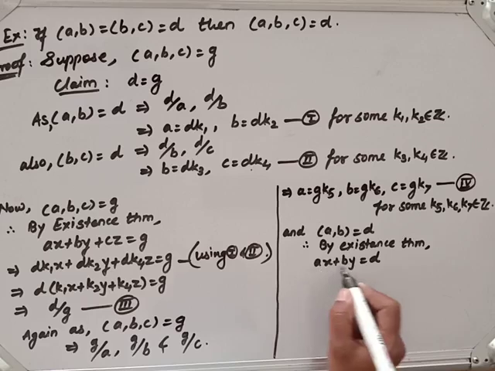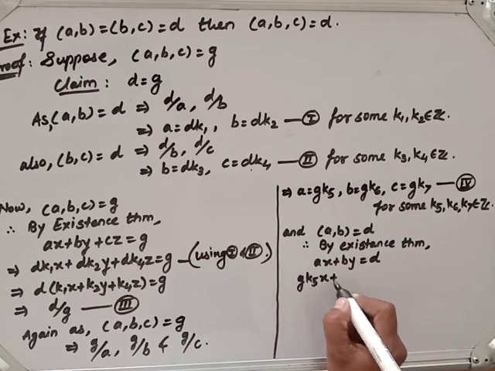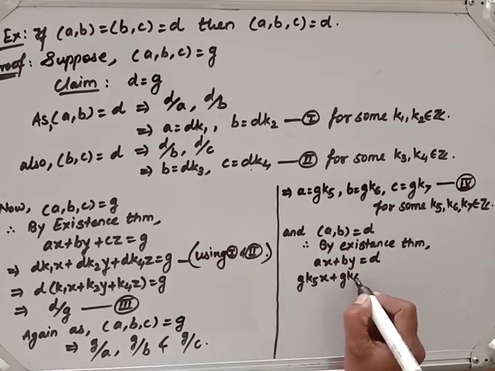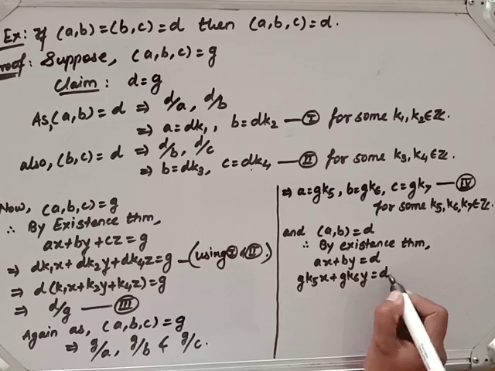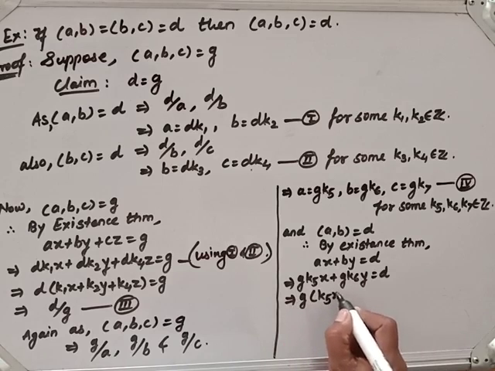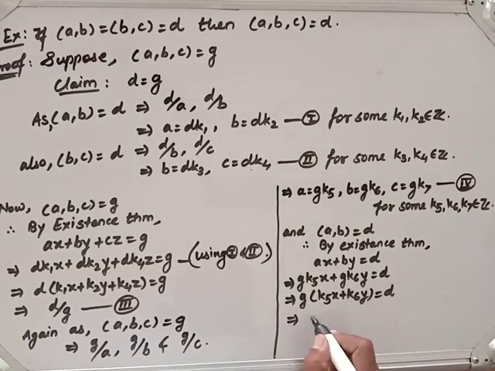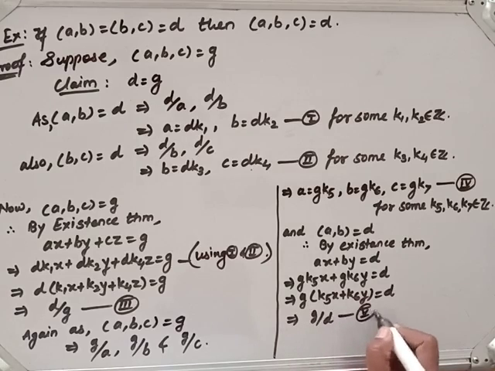Now let us substitute the values of A and B in terms of G here. So it will be gk5x plus gk6y, that is equal to D. So let us take G common. G will be common: k5x plus k6y is equal to D. So that gives G divides D. Call it equation number 5.